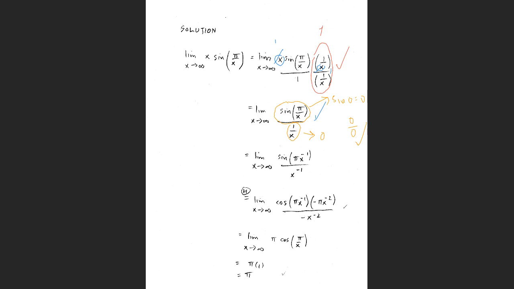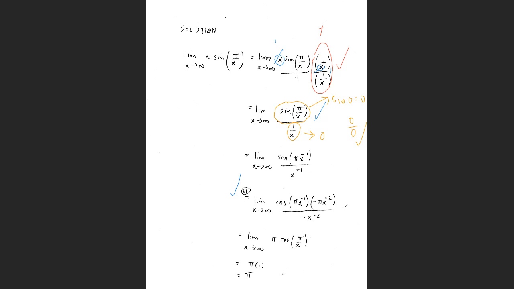Before I take derivatives, generally quotients like pi over x, I like to write as pi times x to the negative first power. And 1 over x is x to the negative first, because it's easier to use the power rule than the quotient rule to compute a derivative. So now I apply L'Hopital's rule.